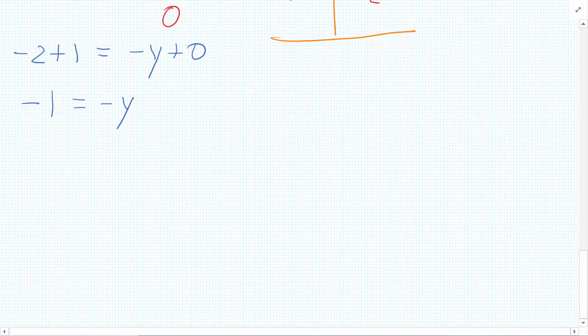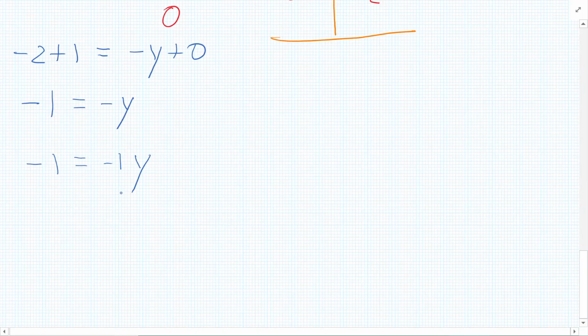So now I have a negative on each side of the equation. I would like to get y by itself. So let's remember what negative 1 equals: negative 1 times y. Right? Let's do an inverse operation. Let's divide both sides by negative 1.